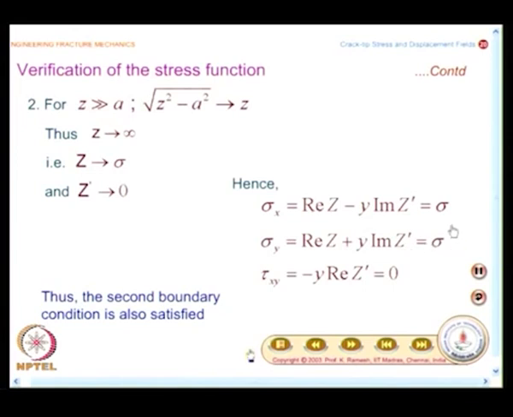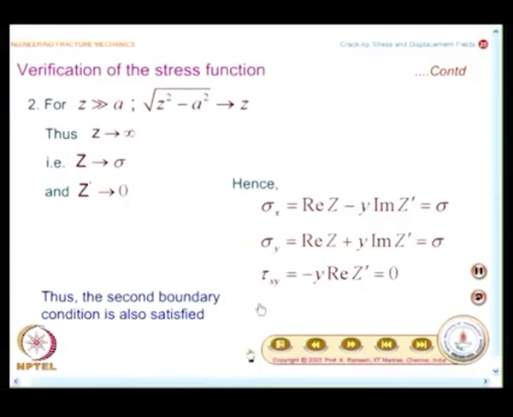So, this you will have to keep in mind, you should never forget this. This step clearly brings out that Westergaard solution is indeed for a central crack in a biaxial tension specimen. It is not subjected to uniaxial tension. Your boundary condition clearly shows that you are really looking at a biaxial problem.